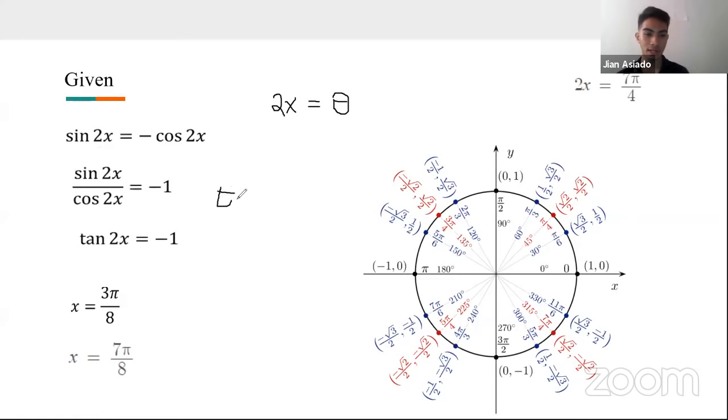So tangent theta is equal to -1. What gives -1? If you notice, sine theta over cosine theta is equal to tangent.